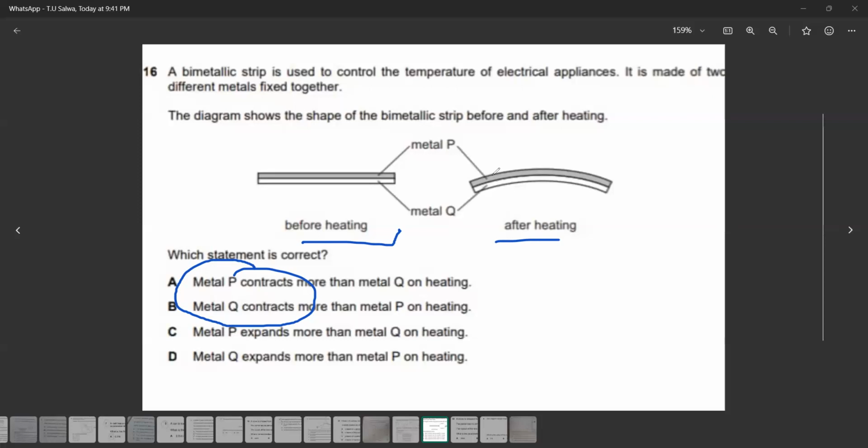How do we know which is contracting more? It's basically the same idea. If P is contracting more, the P size will decrease more, so it will bend like this. This will be P and then Q will be there. Because P, the one which is changing size more, reduces in size more, that side it is bending.